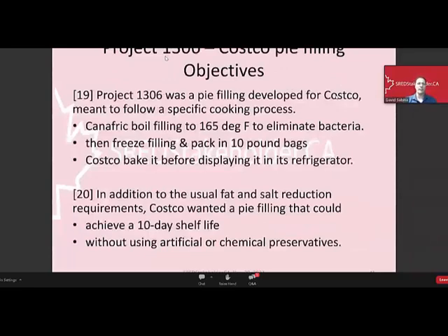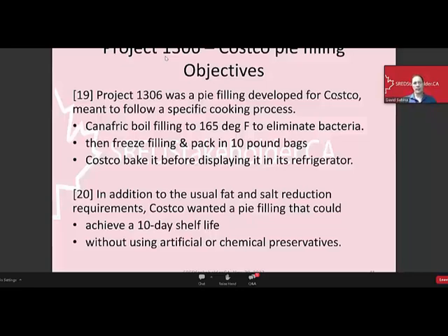If we look at the specifics of Project 1306, the pie filling, what we're told is that they were contracted by the customer, in this case Costco, and they had to develop a pie filling. We'll assume that they've got other standard practice on developing similar kinds of products in the past. We're not told what that is, but that would be relevant to the claim.